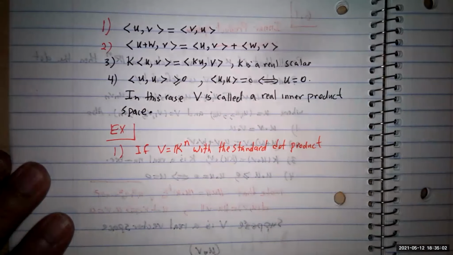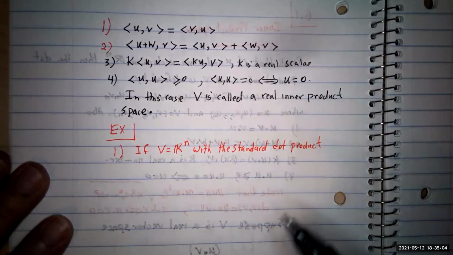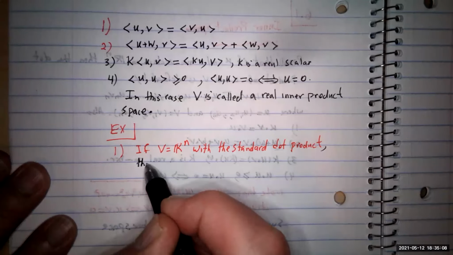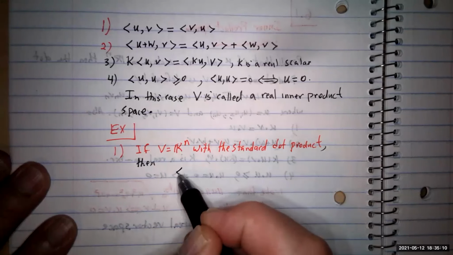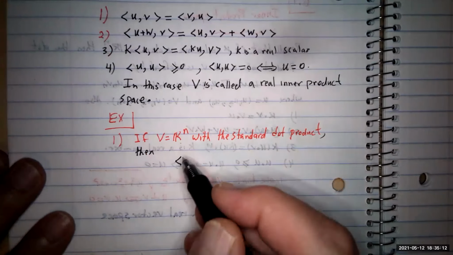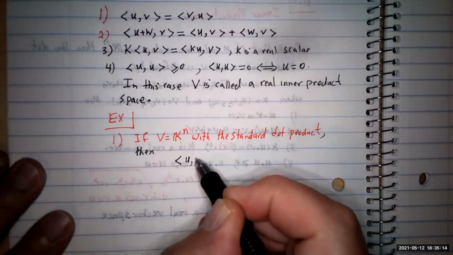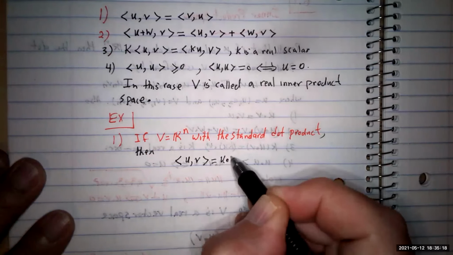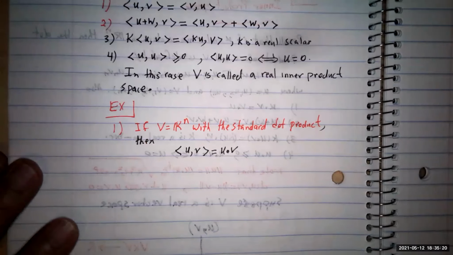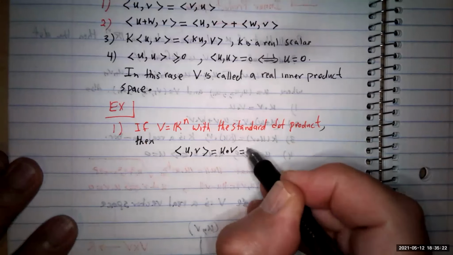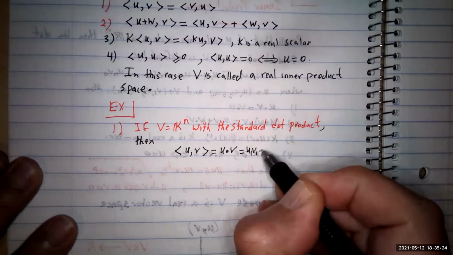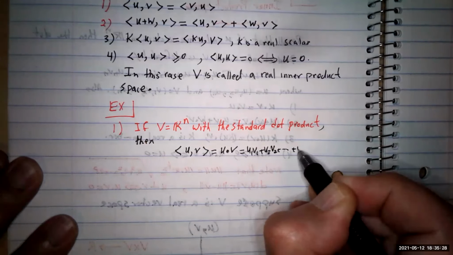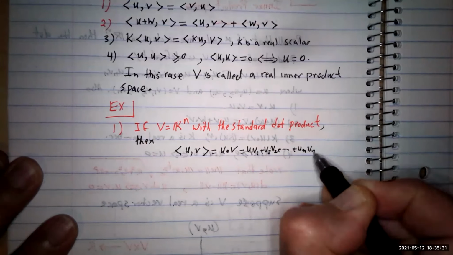You can define your inner product of u and v to be exactly the same as the dot product, and you know the dot product is u1 v1 plus u2 v2 up to un vn.